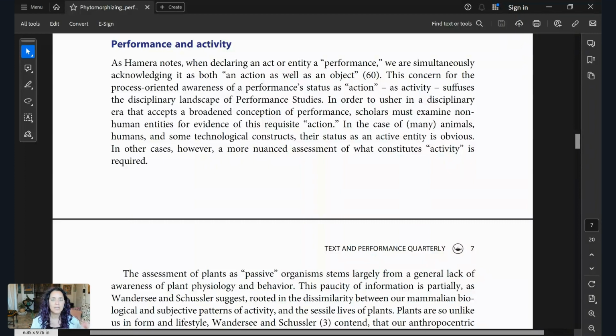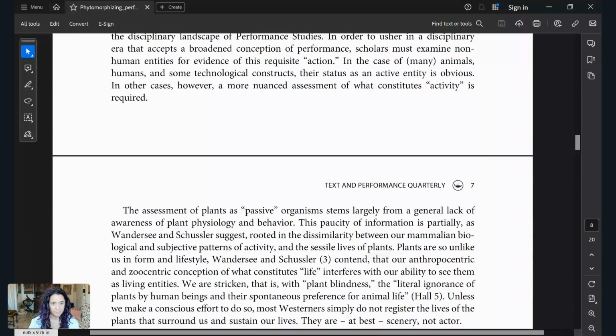In order to usher in a disciplinary era that accepts a broadened conception of performance, scholars must examine non-human entities for evidence of this requisite action. In the case of many animals, humans, and some technological constructs, their status as an active entity is obvious. In other cases, however, a more nuanced assessment of what constitutes activity is required.